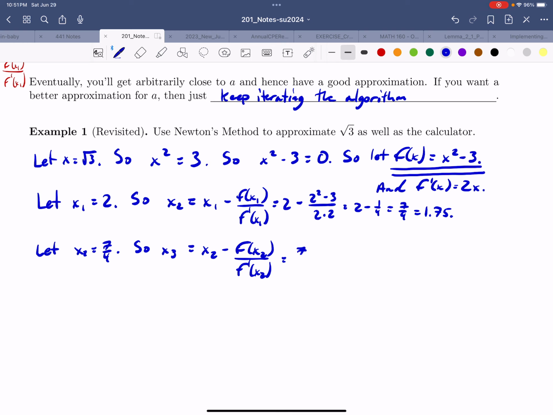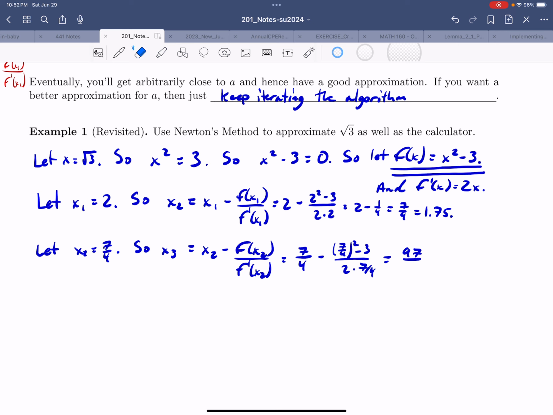You note that the arithmetic gets a little nastier here. 7/4 minus 7/4 squared minus 3 all over 2 times 7/4. See how I just plugged it into f and f prime? Anyway, when you do the arithmetic out, just trust me on this one, you wind up getting 97/56.